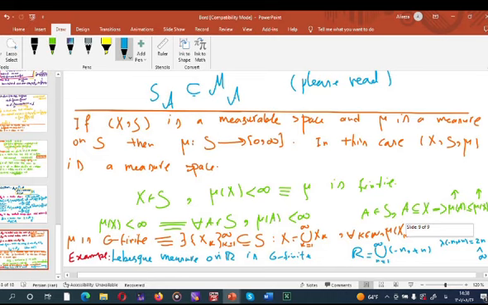For example, Lebesgue measure on R is sigma finite because we can write R, the real numbers, as the union of these intervals, and the Lebesgue measure of each interval is finite.